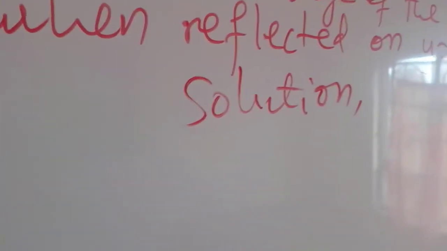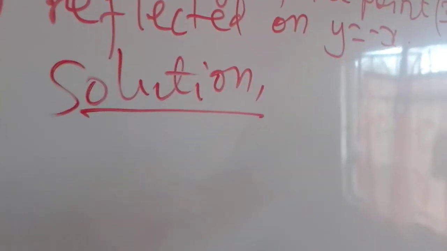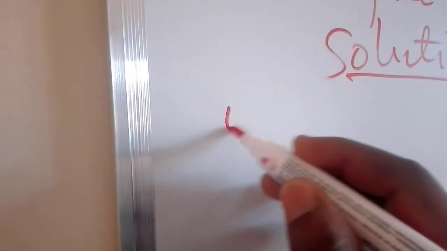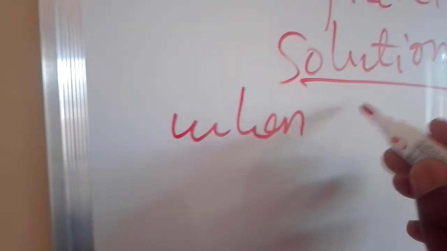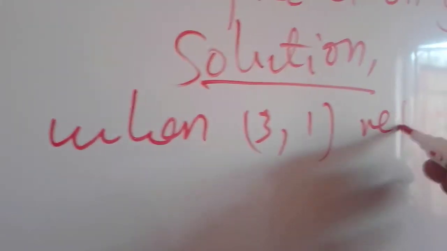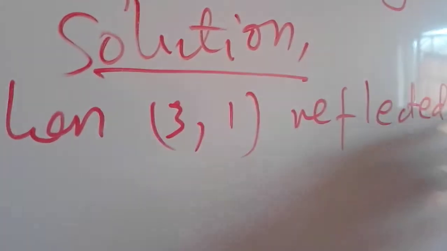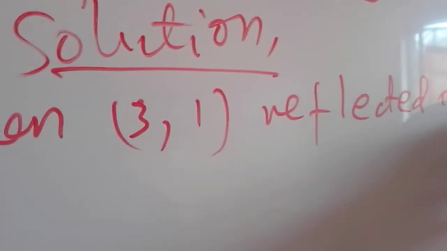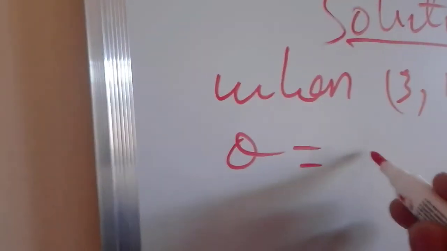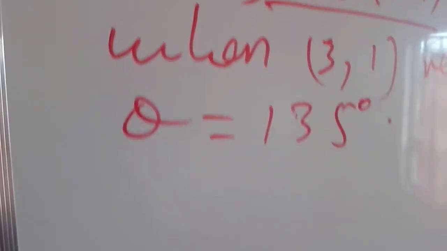As we discussed before, when a point is reflected on the line y equals negative x, theta equals 135 degrees.